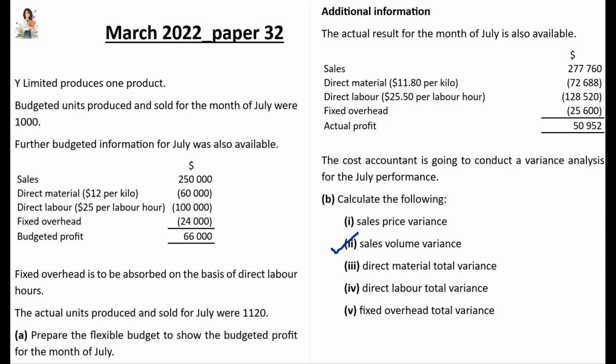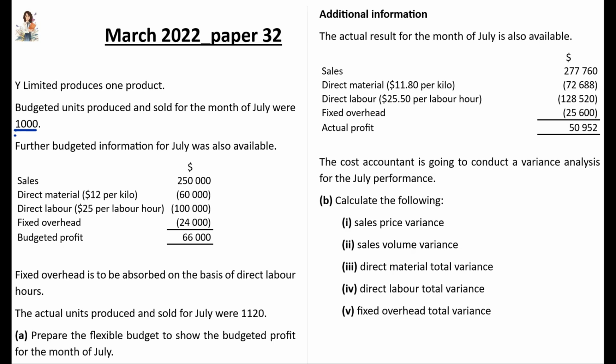In part B2, we are required to find out the sales volume variance. Sales volume variance is equal to standard quantity of units minus actual quantity of units, the whole thing multiplied by the standard selling price. Standard quantity is 1000 units and actual quantity is 1120 units.